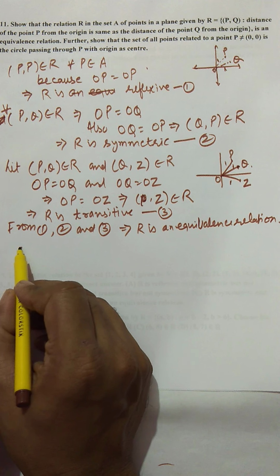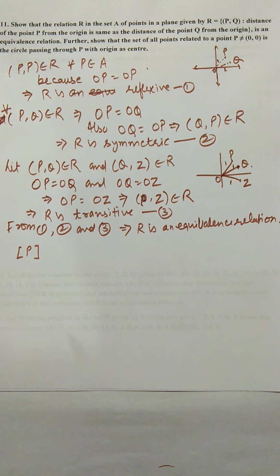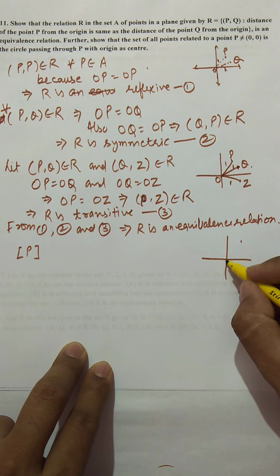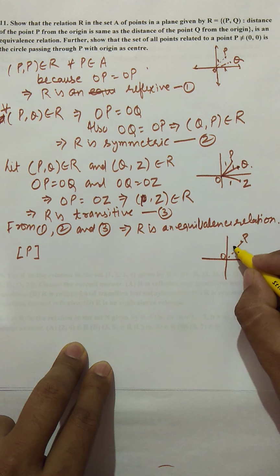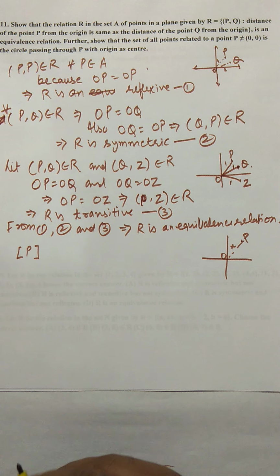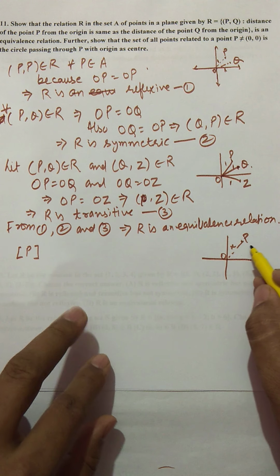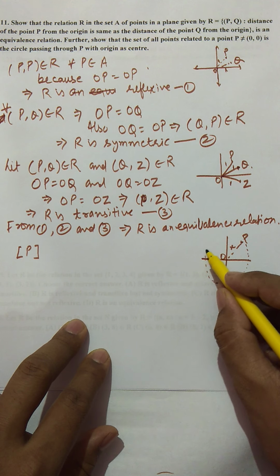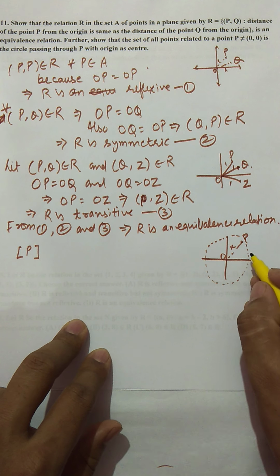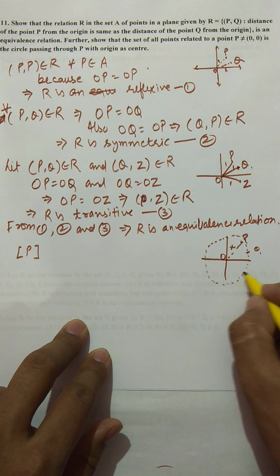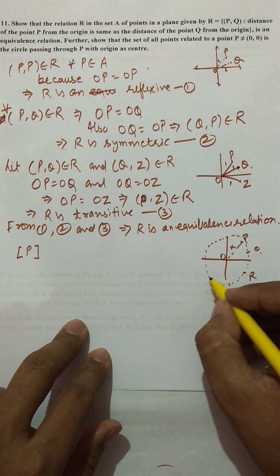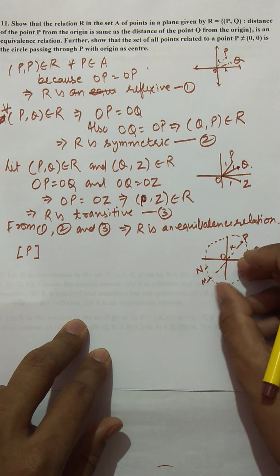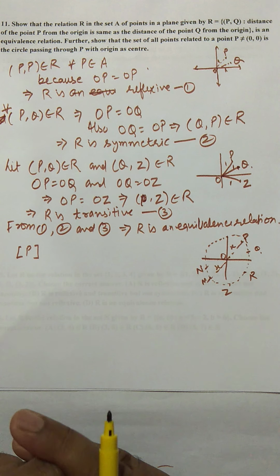So I told you, you have to write the equivalence class of P, or you can say all the elements related to P. See this diagram, for example, this is O, this is P, and this is X unit distance. Now how many points can be there on this plane whose distance will be X unit from the origin? You can see there is this point, let's say this Q, this R, this Z, this M, this N. There are infinite points whose distance will be X unit from the origin.